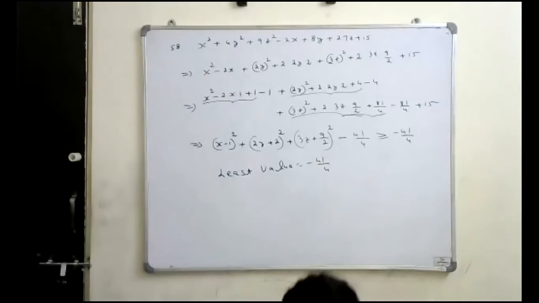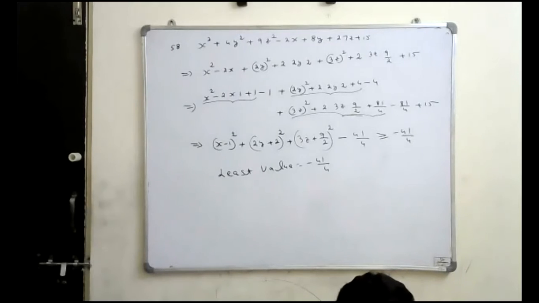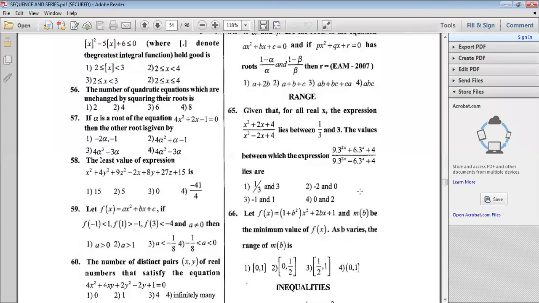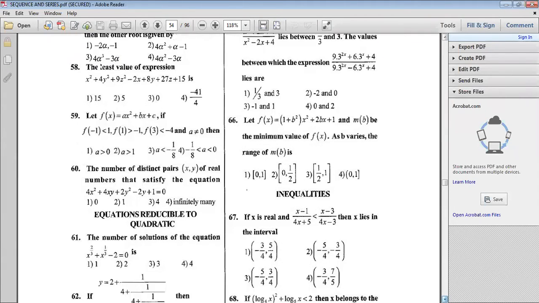Next, look at the next problem. Observe the 59th. Understand this problem. So 59, it is given that f of x is equal to ax square plus bx plus c.